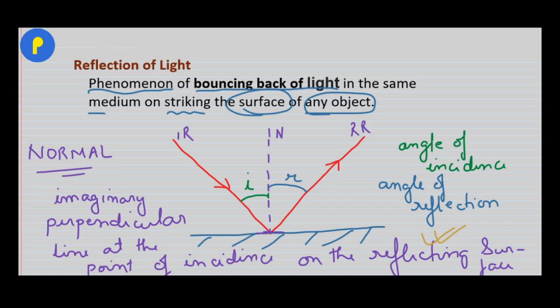Here I is the angle of incidence and R is the angle of reflection.